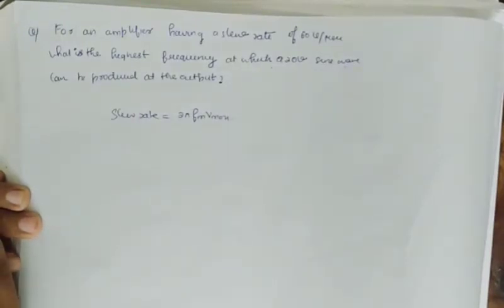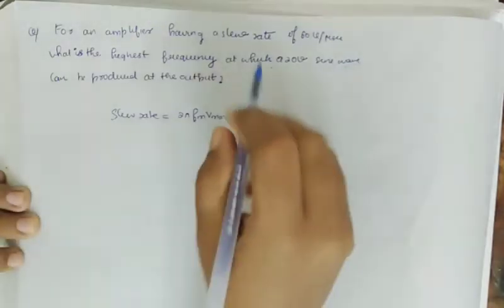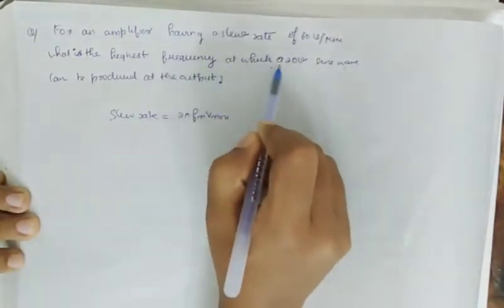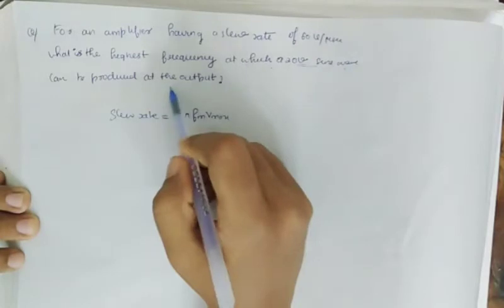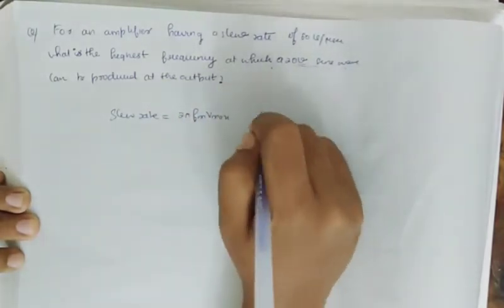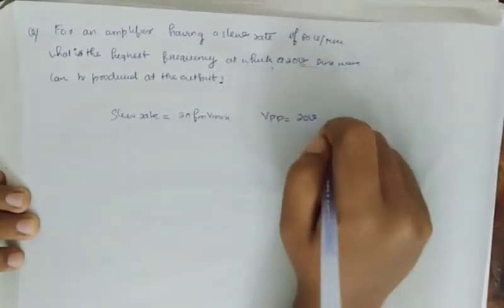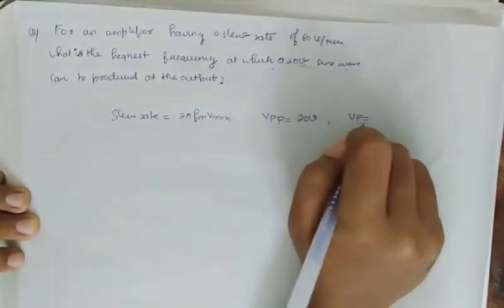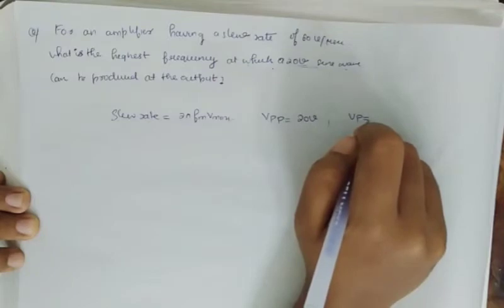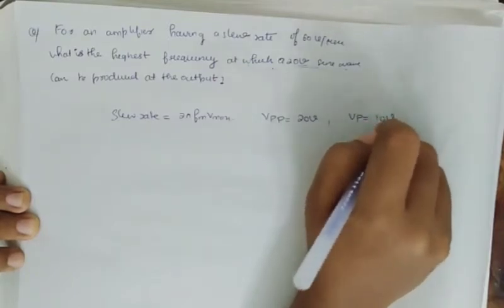The question asks, what is the highest frequency at which a 20 volt sine wave can be produced at the output? So our VPP, that is our peak to peak voltage, is 20 volt, and so our actual amplitude is VPP divided by 2, that is 10 volt.